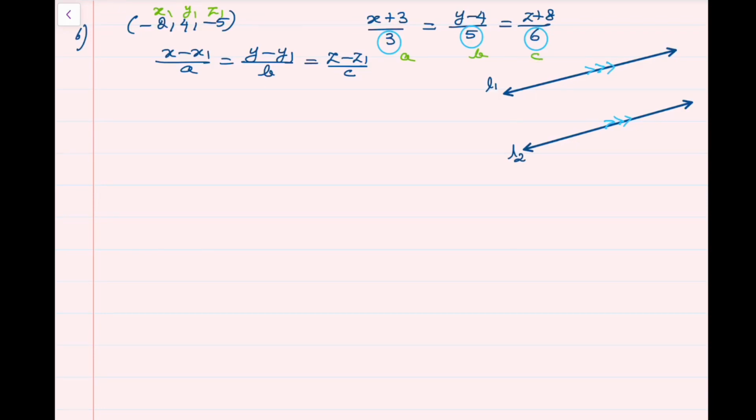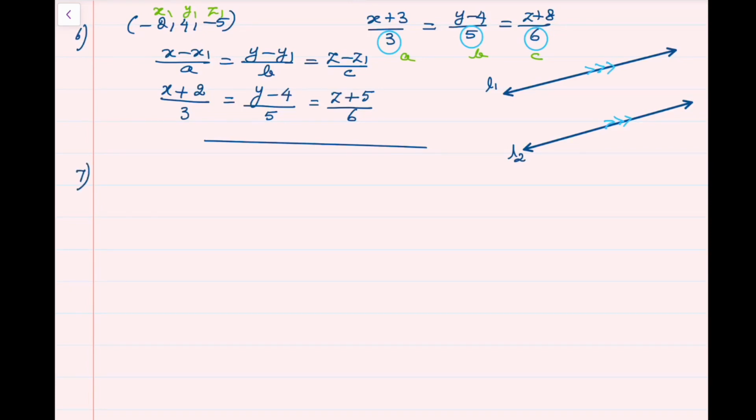Let us substitute. (x minus of minus 2, plus 2) divided by 3 equal to (y minus 4) divided by 5 equal to (z minus of minus 5, plus 5) divided by 6. Look at the denominators. They are the same. Because the direction ratios are the same, they are parallel.